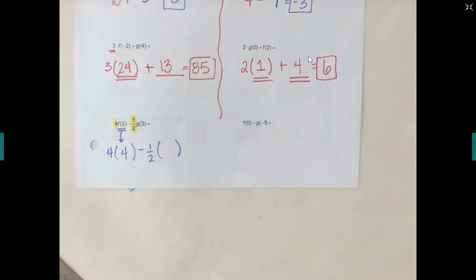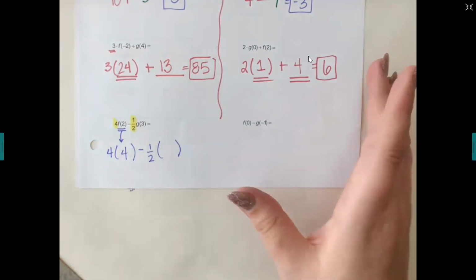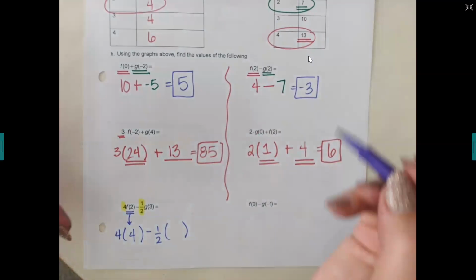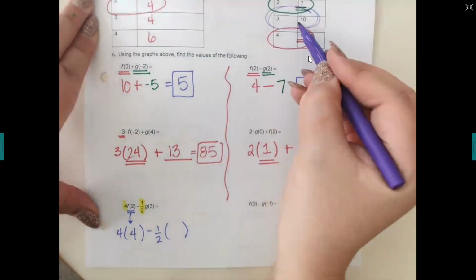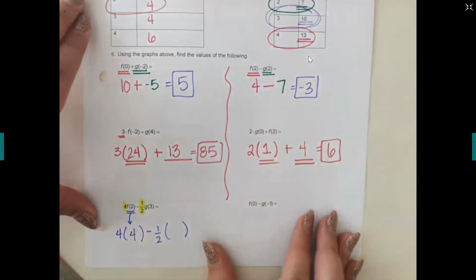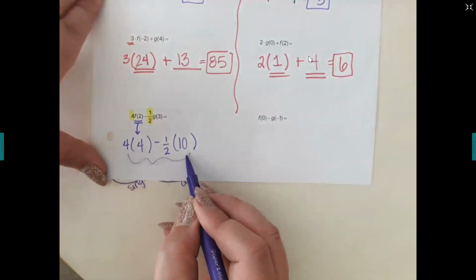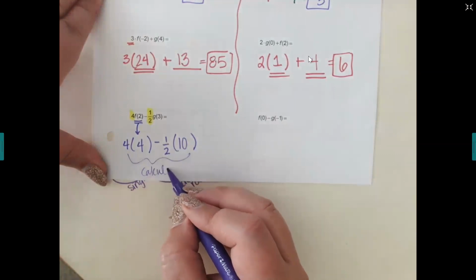So G of 3, you'll look at this chart, find 3's partner. What's the number with 3? 3's partner is 10. Thank you. Okay, and then from there, you're just gonna put this into the calculator.